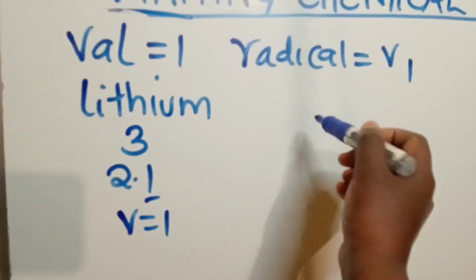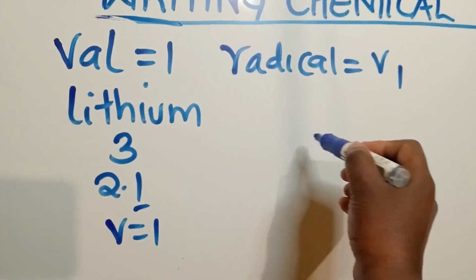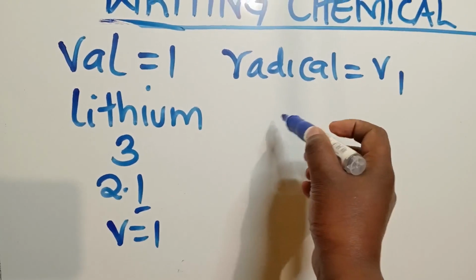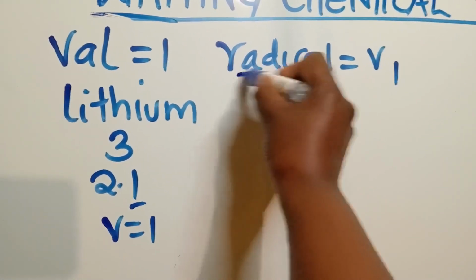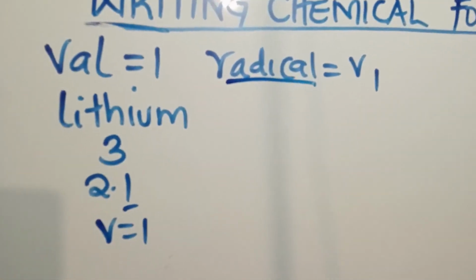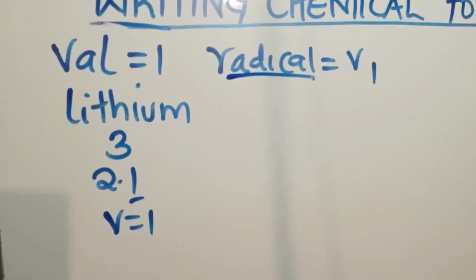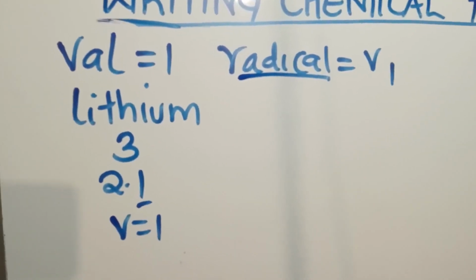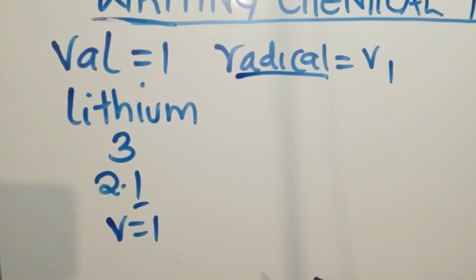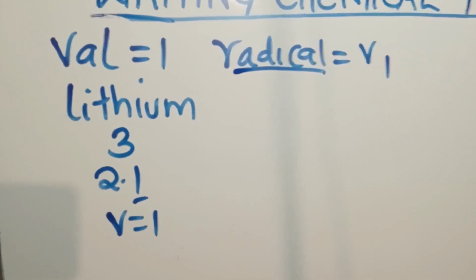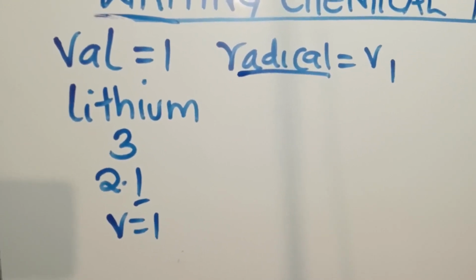A radical with a valency of 1, which has a negative charge. So again, the radicals that we write on the right hand side are those radicals that have a negative charge on top, just like the non-metals have a negative charge and are written on the right hand side.